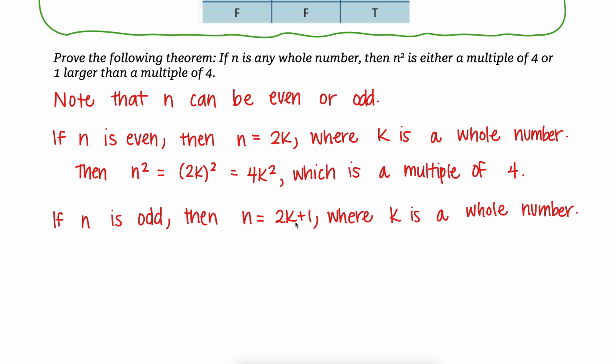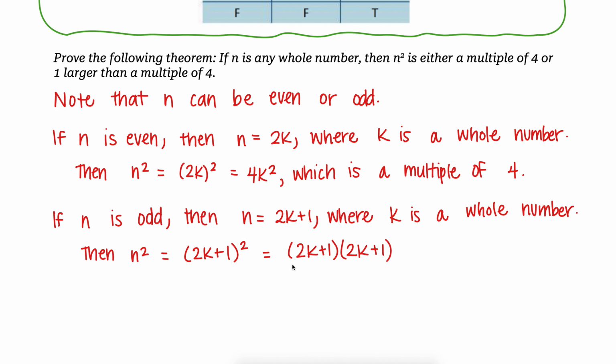So if k is 3, 2 times 3 plus 1, we get 7. Okay, so this is going to give me my odd numbers. Then n squared is going to equal (2k plus 1) squared. So that's 2k plus 1 times 2k plus 1.